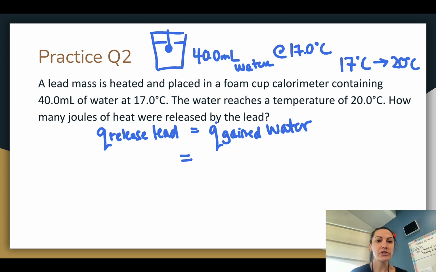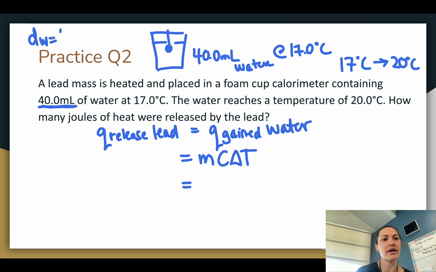So we're going to need the mc delta T of the water to figure out the heat released by the lead. The first thing is our mass of the water, which is given to us in an interesting way. It tells us the milliliters of water. What we also know is that the density of water is 1 gram per milliliter.